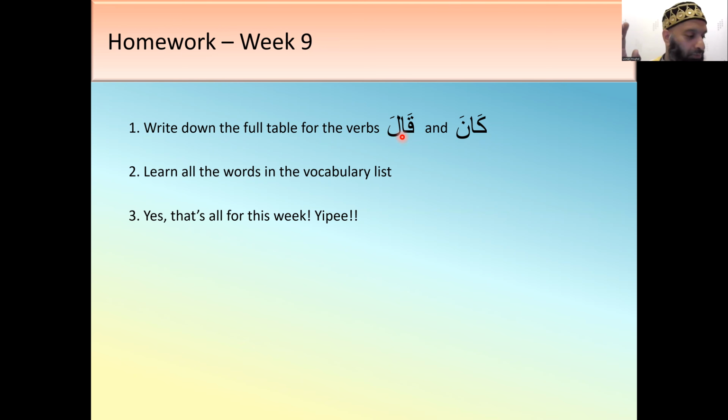Try writing the verb table 10 times. I wrote a verse 20 times once, and alhamdulillah, it's in my head. So learn all the words in the vocabulary list, and that's all for this week. Okay, slide done. That's the end of the lesson.